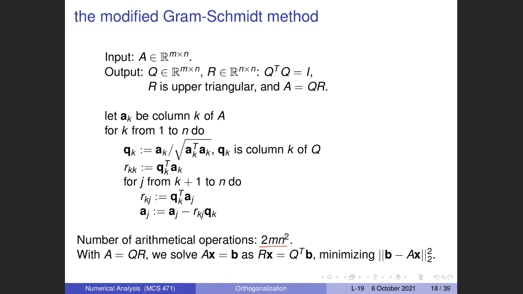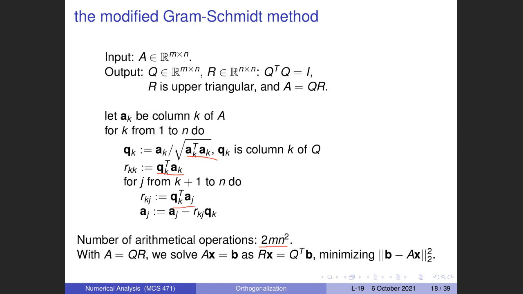When we compute the inner product here and here, and also here, you can see the m coming in. The n square comes from the 2 outer loops. So this is a hand-waving justification.